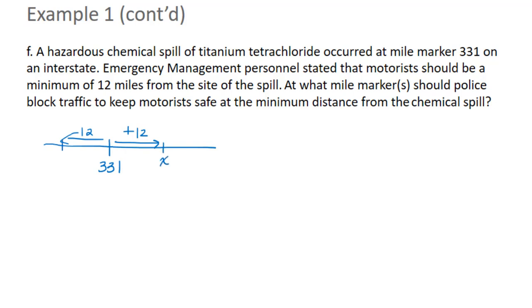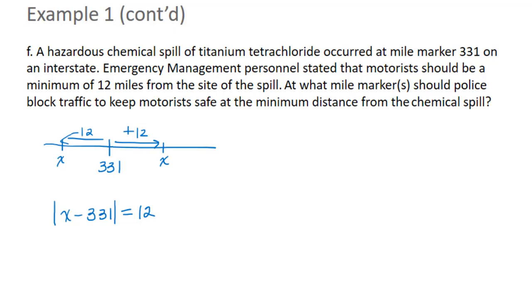We're going to call it X. But we know that the distance between X and the mile marker 331 has to be 12. So we can represent the distance by absolute value. So we would say the absolute value of X minus 331 is equal to 12.